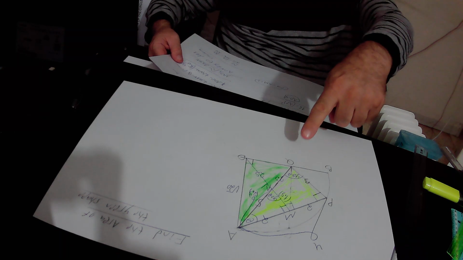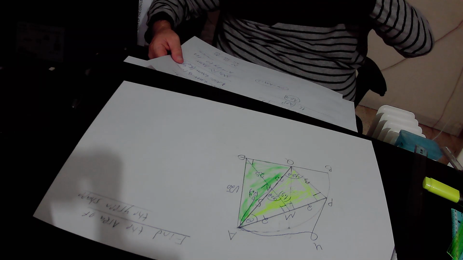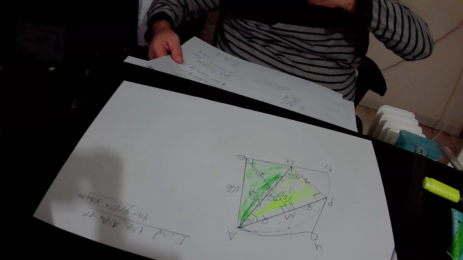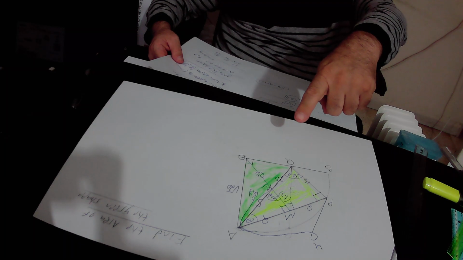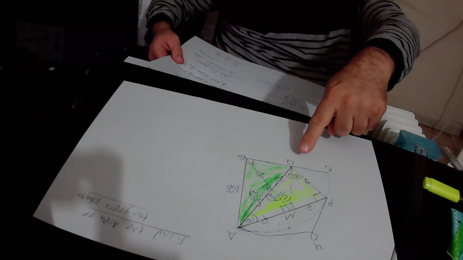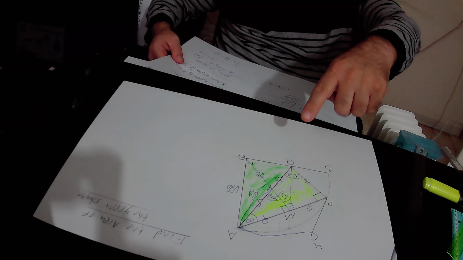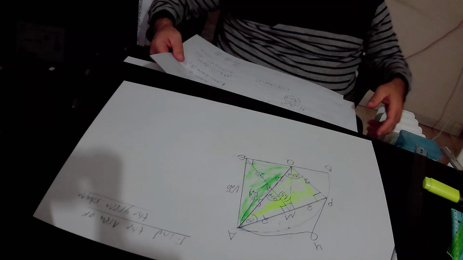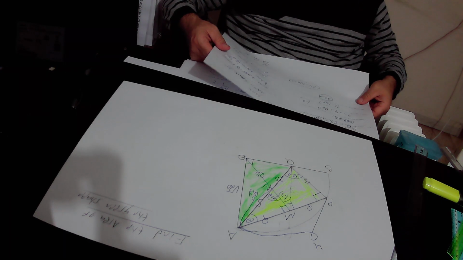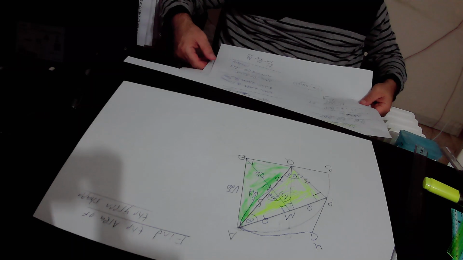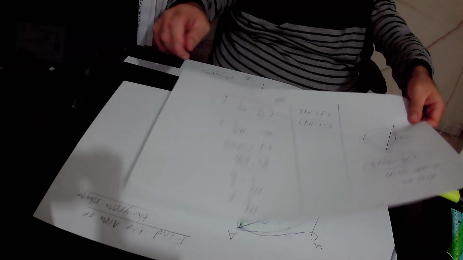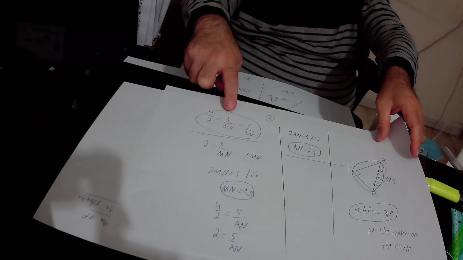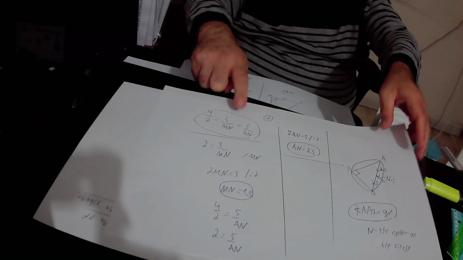PQ equals 3 units, so we substitute PQ by 3 over MN, which is unknown, so we leave it as it is, and it is equal to AQ, that is 5, over AN, that is unknown. So in conclusion, we found that 4 over 2 equals 3 over MN equals 5 over AN.